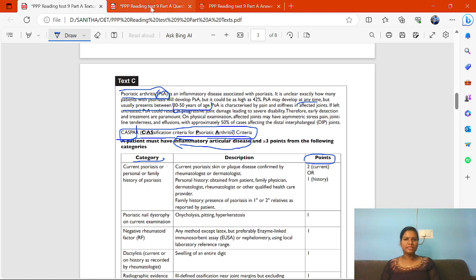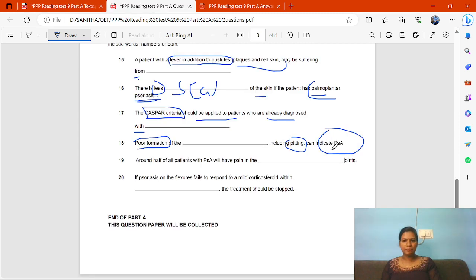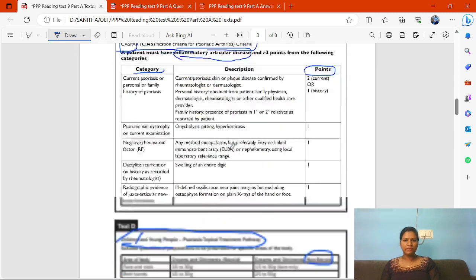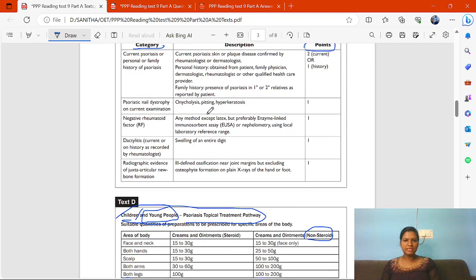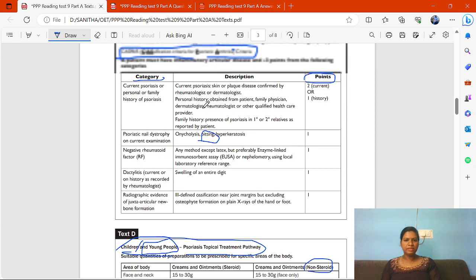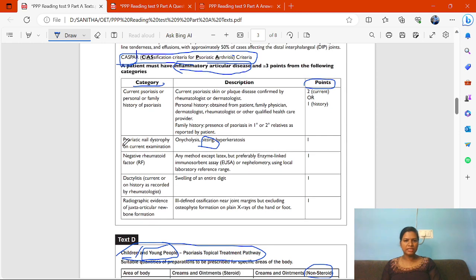Then what is the question? Indicate PSA, pitting and poor formation. Pitting, you have to find out any point they are saying that. See, we got the pitting, we got poor formation. Here it is the category where it is saying psoriatic nail dystrophy on current examination. Some point they are saying here.